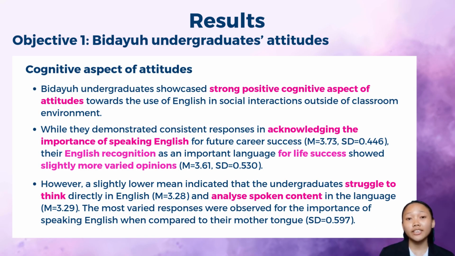Next, for the cognitive aspect, Bidayuh undergraduates demonstrate a strong positive cognitive aspect. They acknowledge the importance of speaking in English, but struggle to think directly and analyze spoken content in that language.